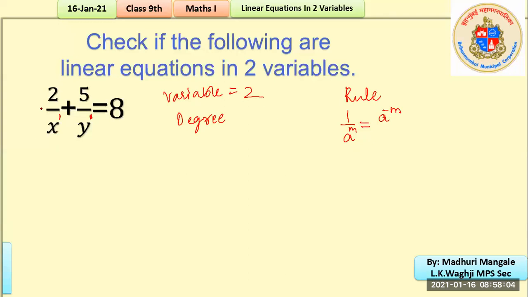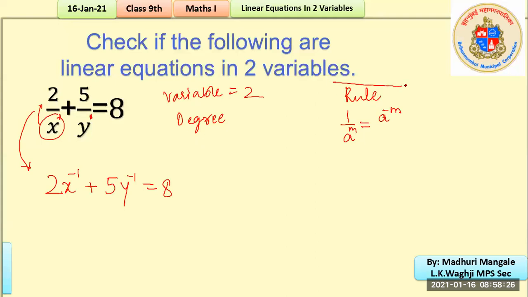So this equation can be written as 2x raised to minus 1 plus 5y raised to minus 1 equals 8. We shift the denominator to the numerator because variables should always be in the numerator.